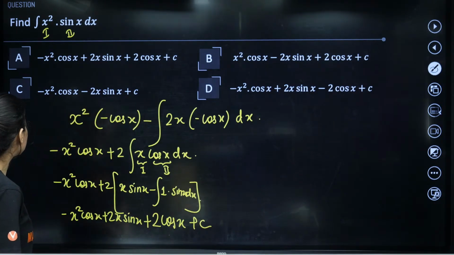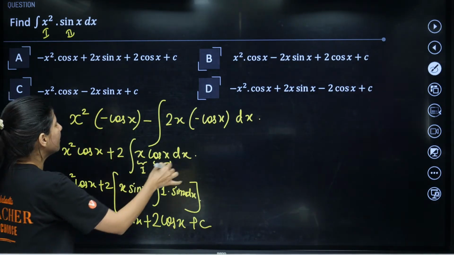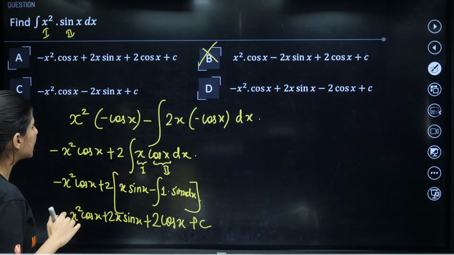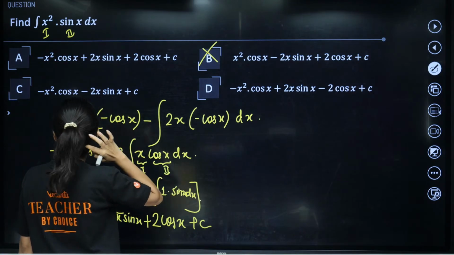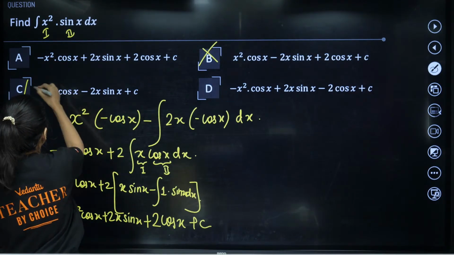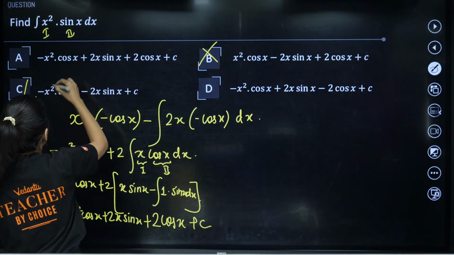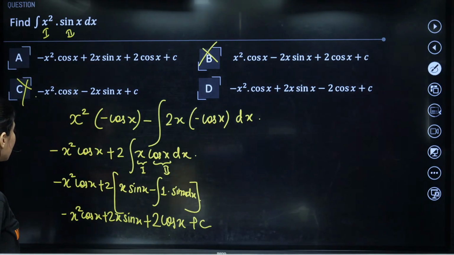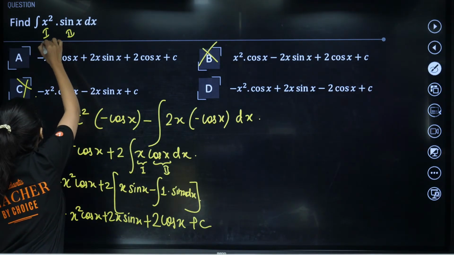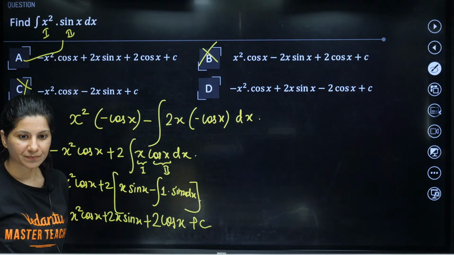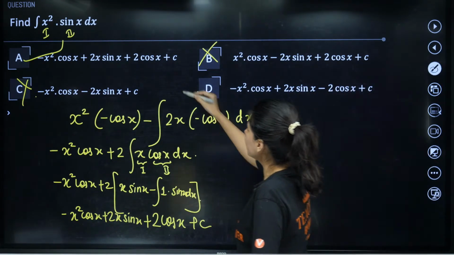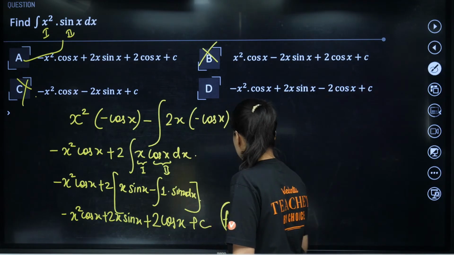Now tell me, minus x square cos x is everywhere except B. Plus 2x sin x is everywhere except C. Then which answer is correct? Option A is clearly matching. A is the correct option.